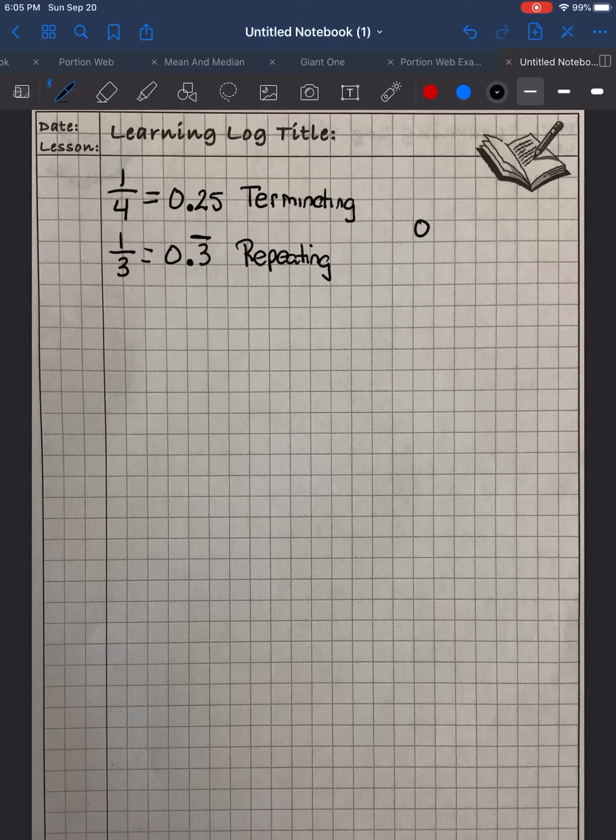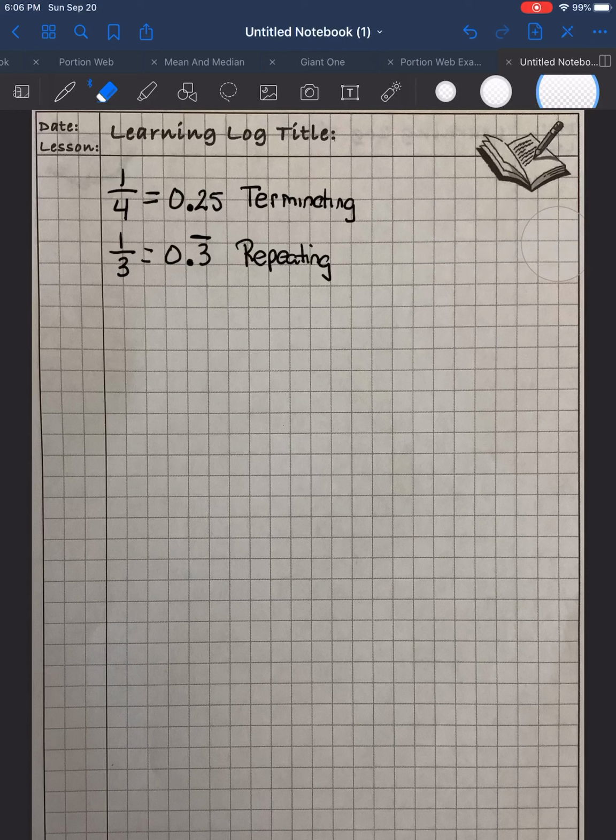Take 0.25. I'm just going to write this, and you don't need to write this down. Just watch. If I take 0.25 and I want to make it into a fraction, I put the 25 on top, and there are 2 decimal places there, 2 zeros, 25 hundredths, and when I reduce that fraction, I get back to the 1/4 that I started with.